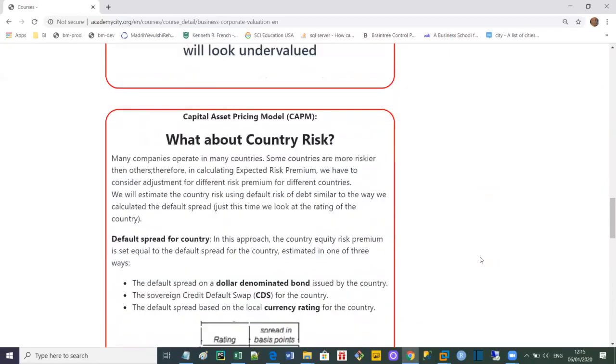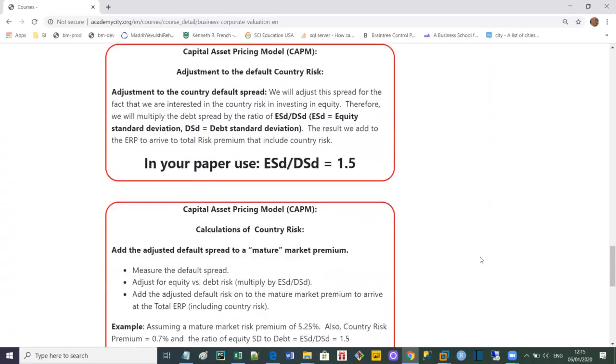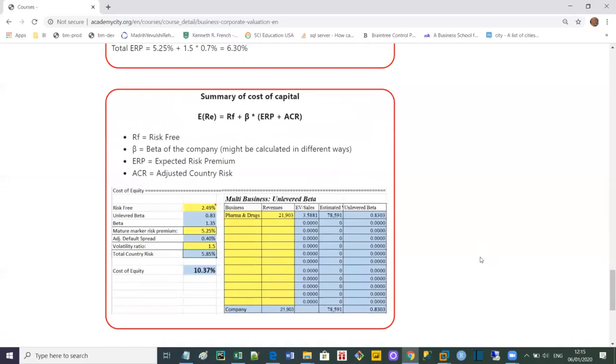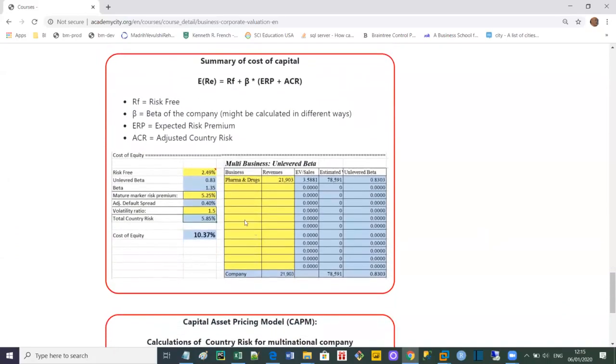And the Excel works automatically if you know which industries your company is operating in. What you're supposed to do in the second folder in the Excel, you go there and there is a place that says cost of equity.